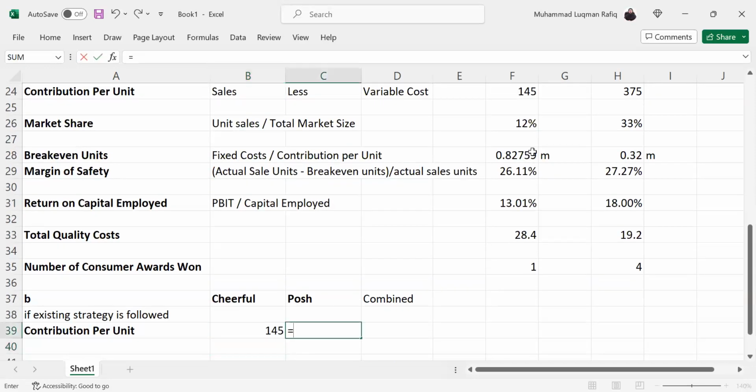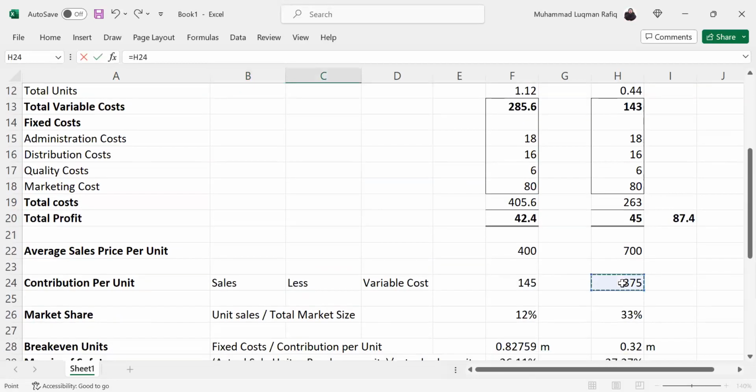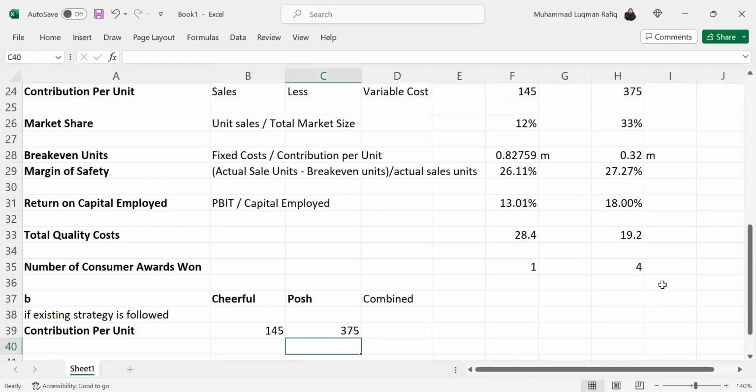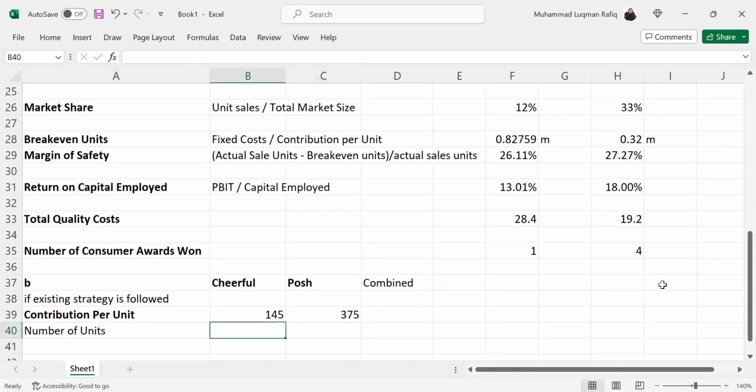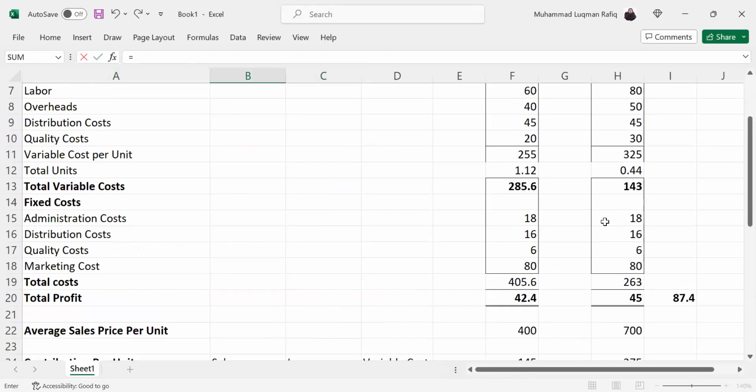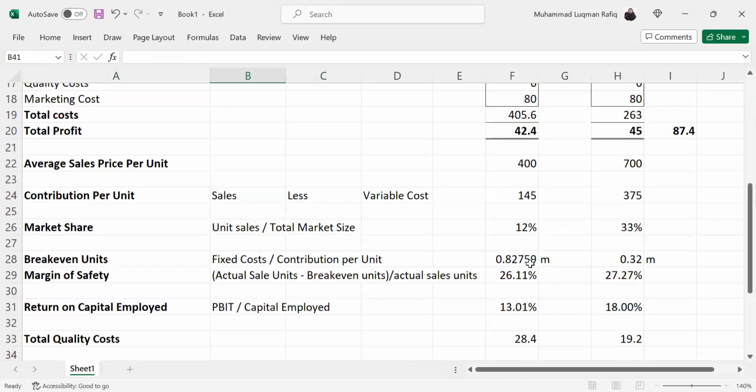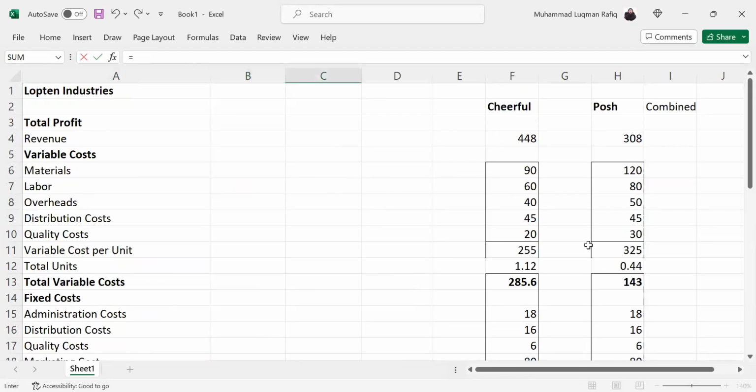The contribution per unit is this. Number of units is this. And the number of units is this.